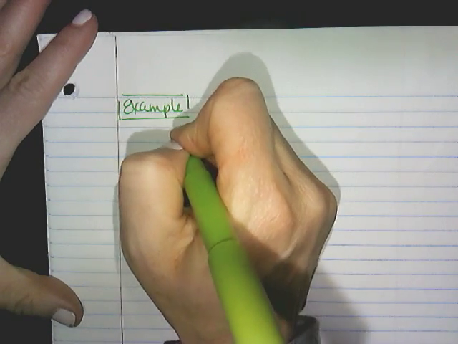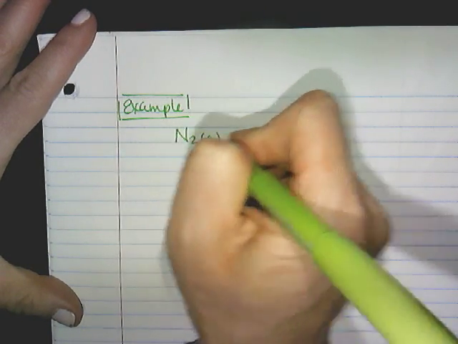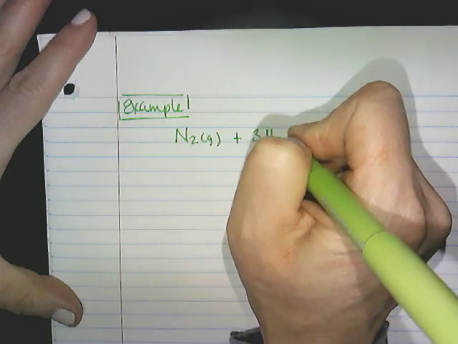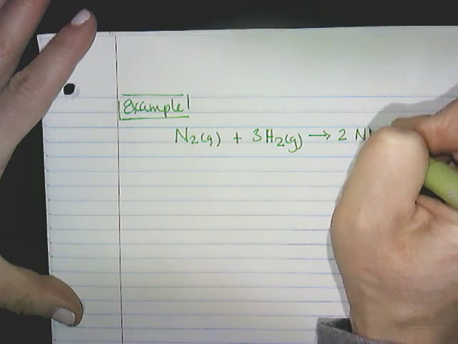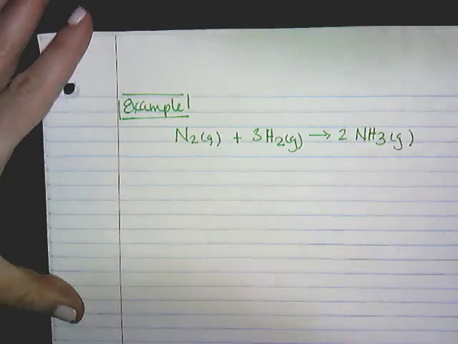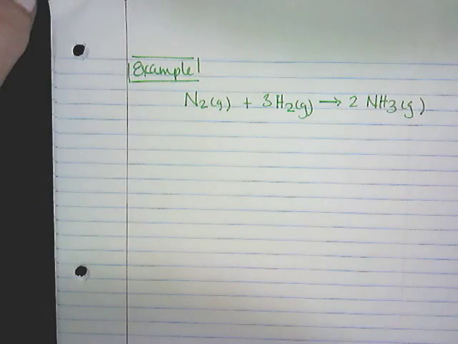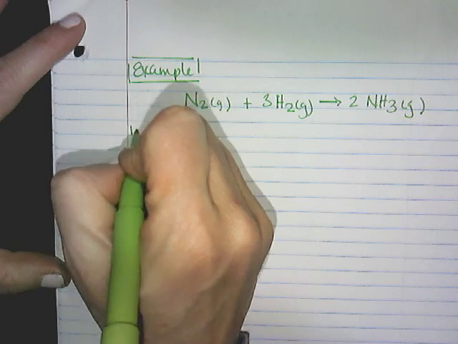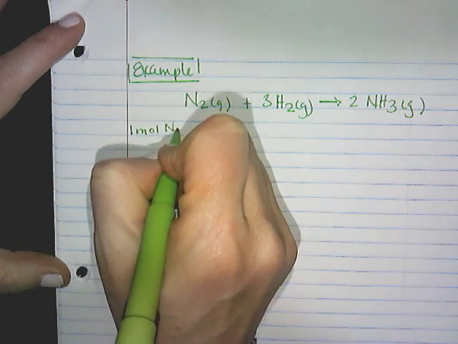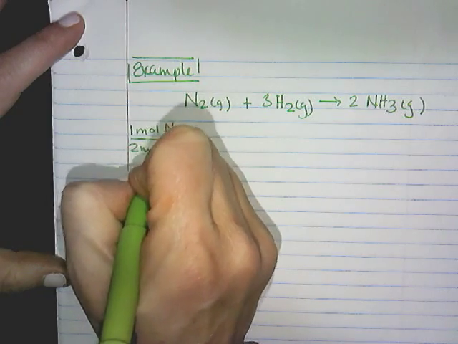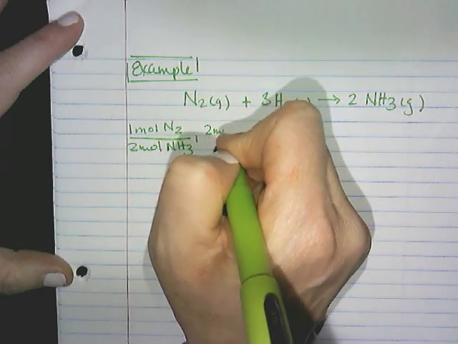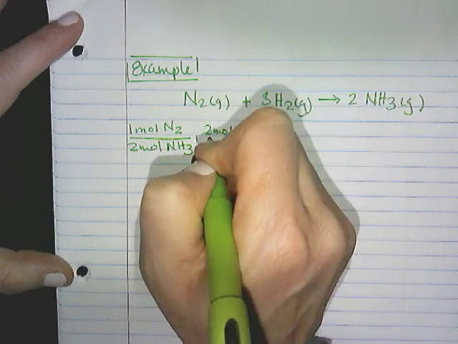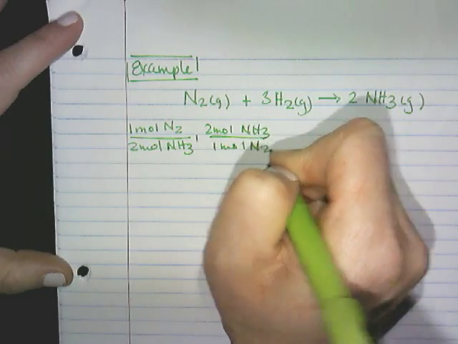for mole ratios. Okay, so the equation we're going to use is still N2 as a gas plus 3H2 as a gas yields 2NH3 as a gas. And all of the mole ratios are still the same, so we've got 1 mole of N2, 2 moles of NH3, and then 2 moles of NH3 to 1 mole of N2.